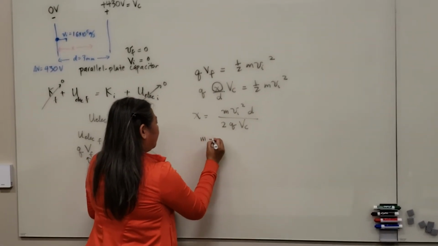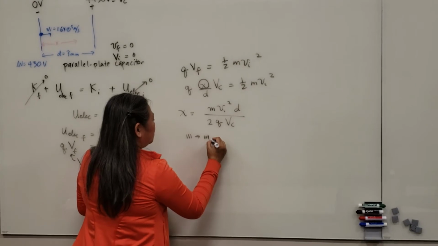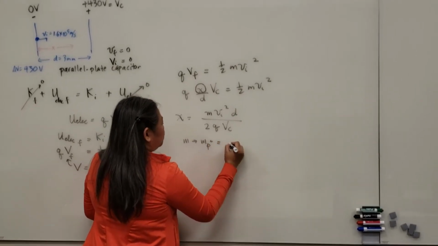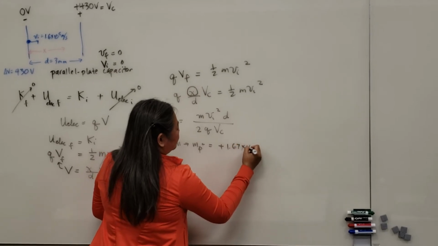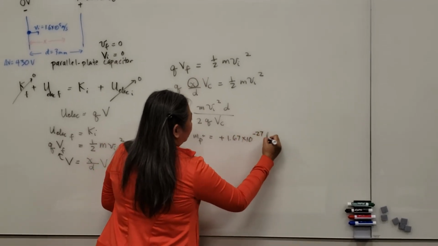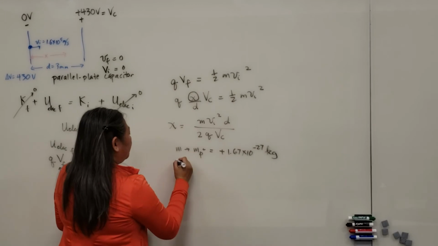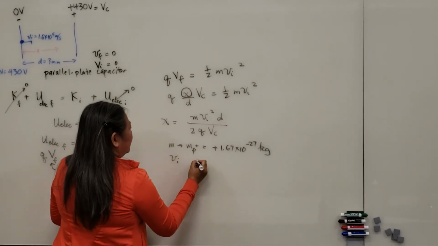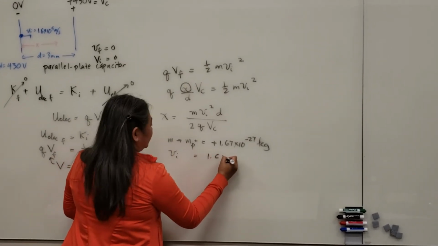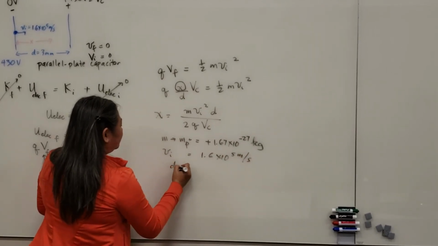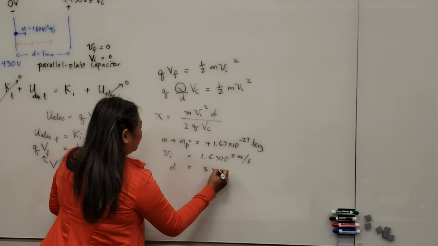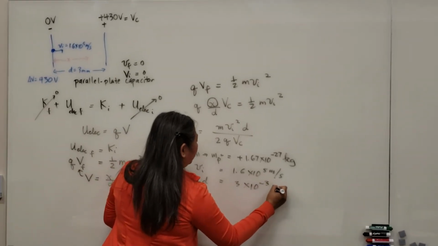The mass here is the mass of the proton, which happens to be 1.67 times 10 to the negative 27 kilograms. Our initial velocity is 1.6 times 10 to the 5th meters per second. Our distance of separation is 3 millimeters, or 3 times 10 to the negative 3 meters.